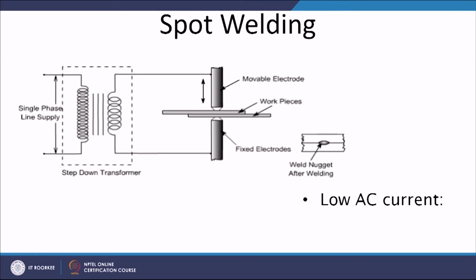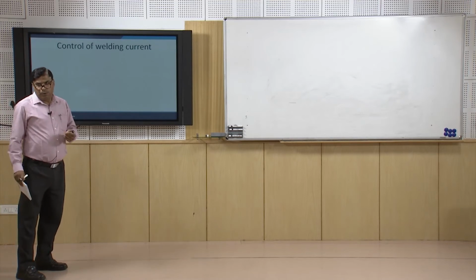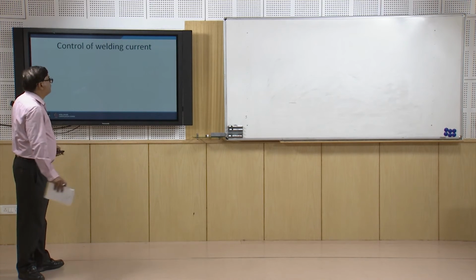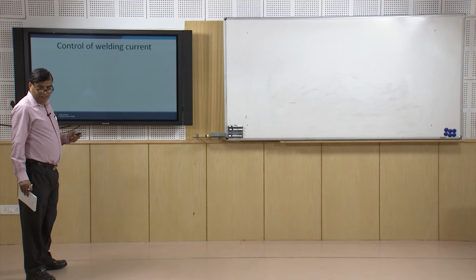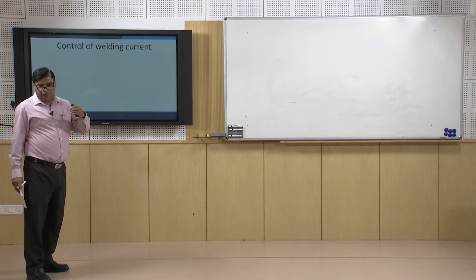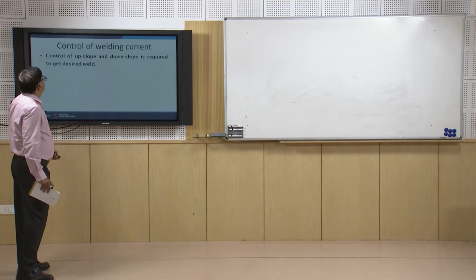The size of the nugget directly determines the strength, the load carrying capacity of the joint. It may use the low AC current or the high DC current, but the frequency of the current used in this case is normally low, which varies from say 50 to 350 hertz, and for these welding processes normally the value of current is very high, which is in thousands of amperes.